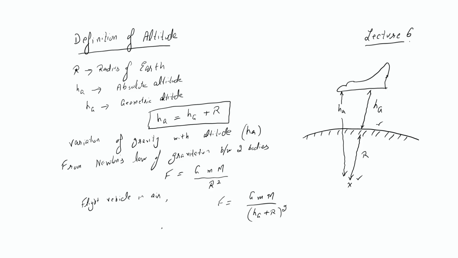Mass into acceleration, m into g. So this gives g equals capital G M by (hg plus R) whole square. Let me take this as equation number 1.